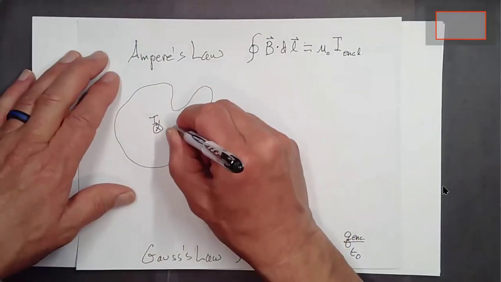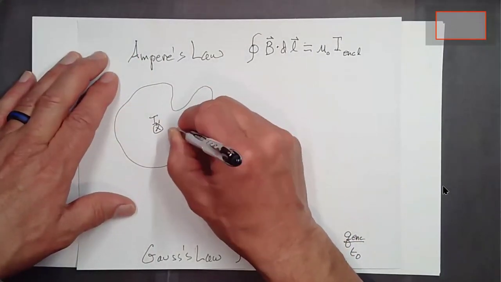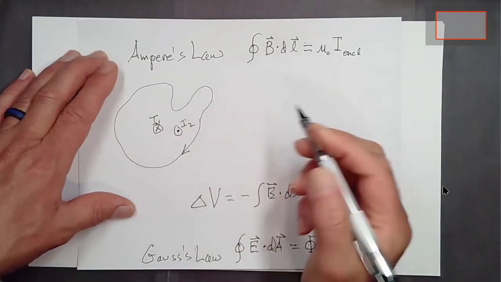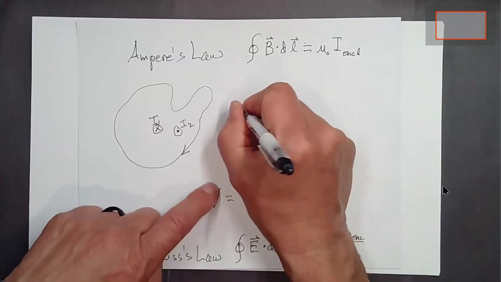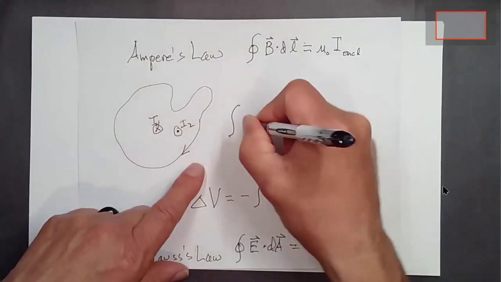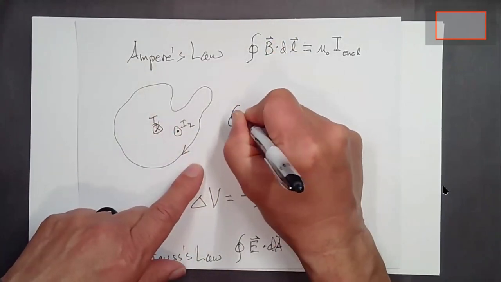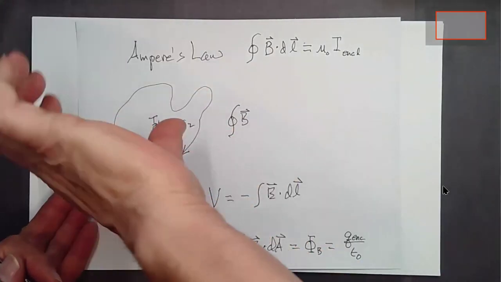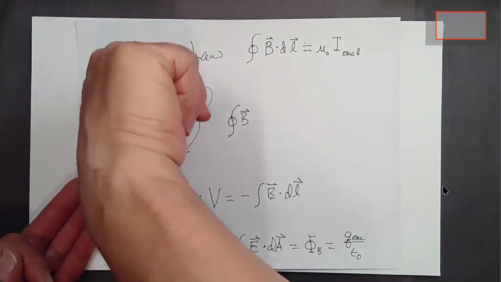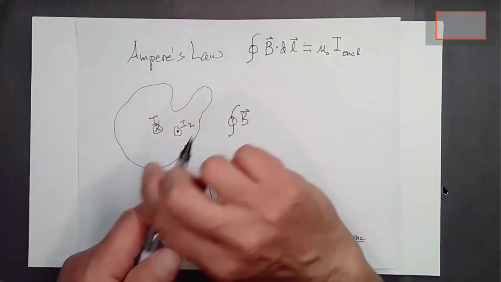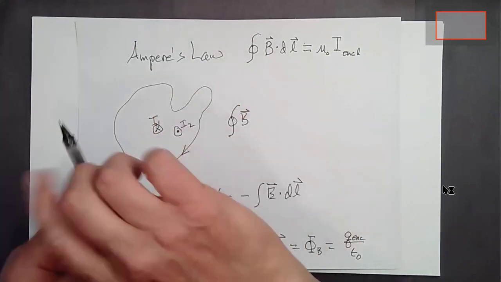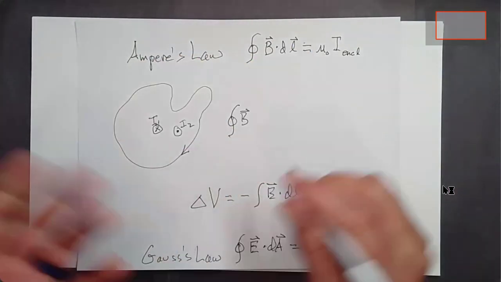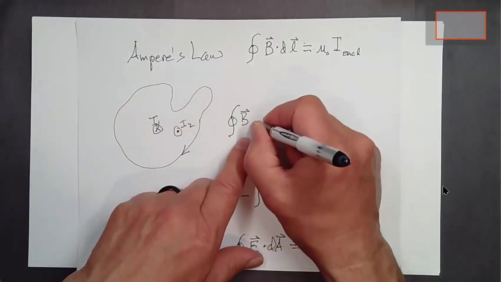Now, if you happen to have another current that's coming out of the page, so that could be I2, then this weird integral where we're going around in a counterclockwise direction, any current that's into the page would be considered positive, but any current that's coming out of the page would be considered negative, and don't worry about that.